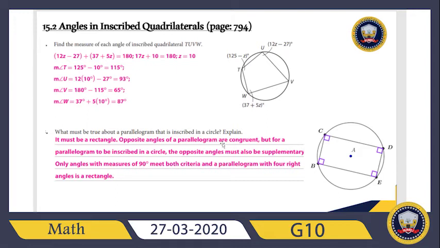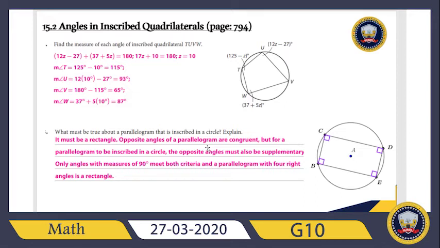So, in which case, the opposite angles are congruent and they are supplementary. It's only in one case, when they are 90 degrees. At that moment, my parallelogram in fact is what? It is a rectangle. Remember, we said that the rectangle is a parallelogram. It's a type of parallelogram.